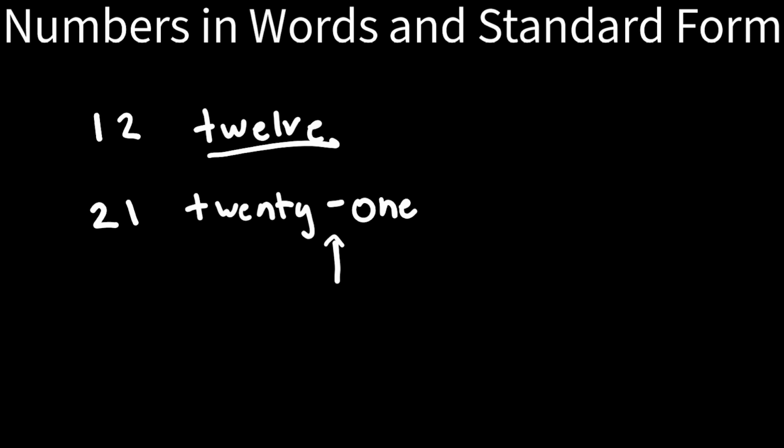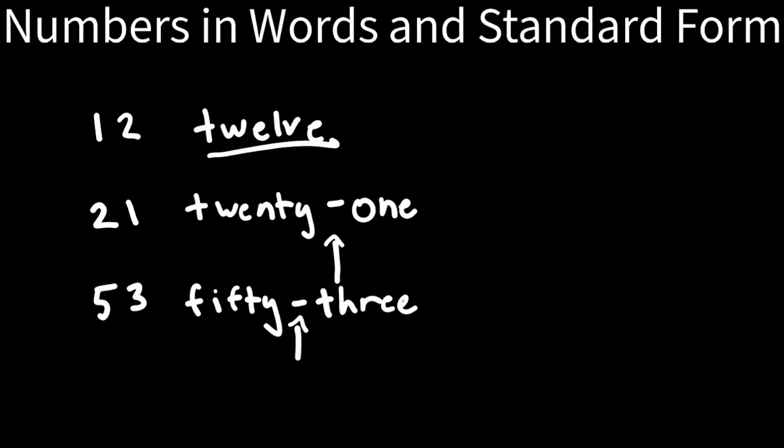Well, let's pick one between 1 and 100. Let's say 53. 53 spelled out would be 53. Oh, and there appears to be a hyphen here as well.